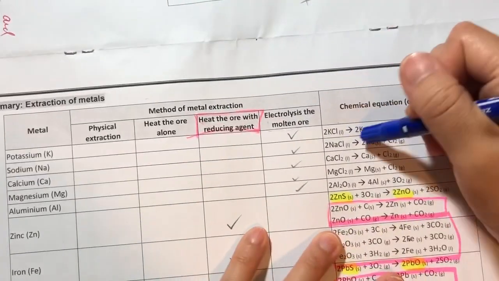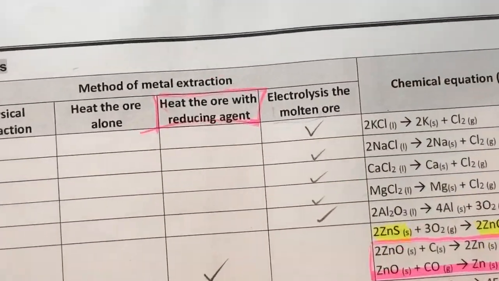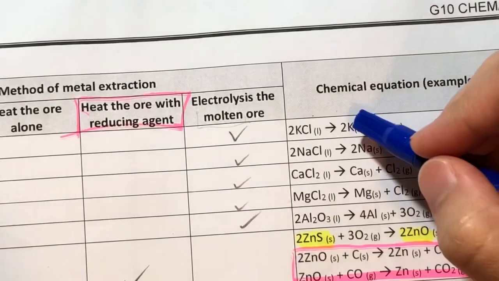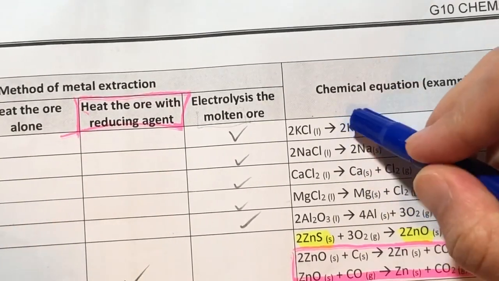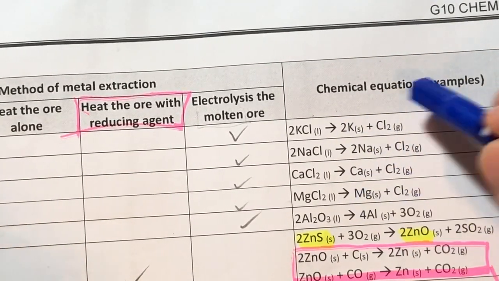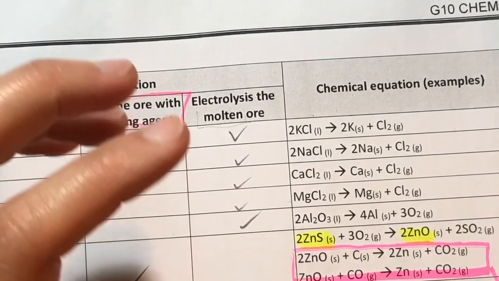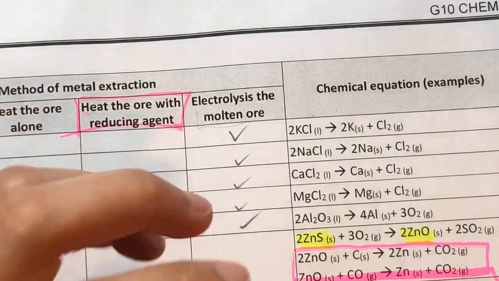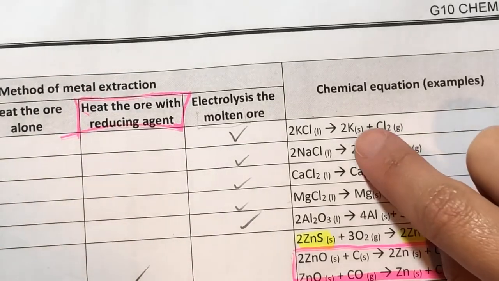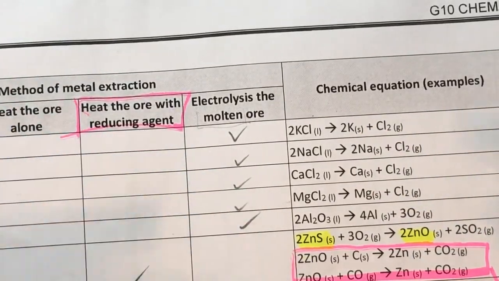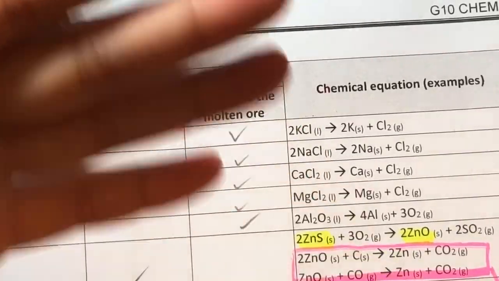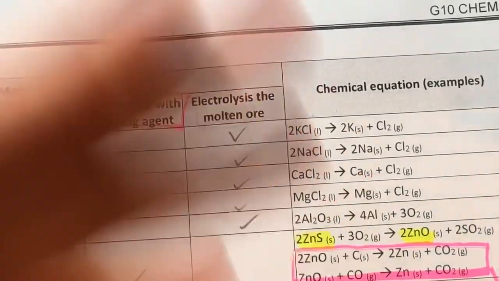And then for the physical state, it doesn't matter a lot. For these metals, if you use L to represent it, or you use solid to represent it, it doesn't matter. They are just referring to the physical state of the metal at different temperatures. If I say solid, we are talking about room temperature. If you say L, it means that it's under the molten state, at very high temperature.